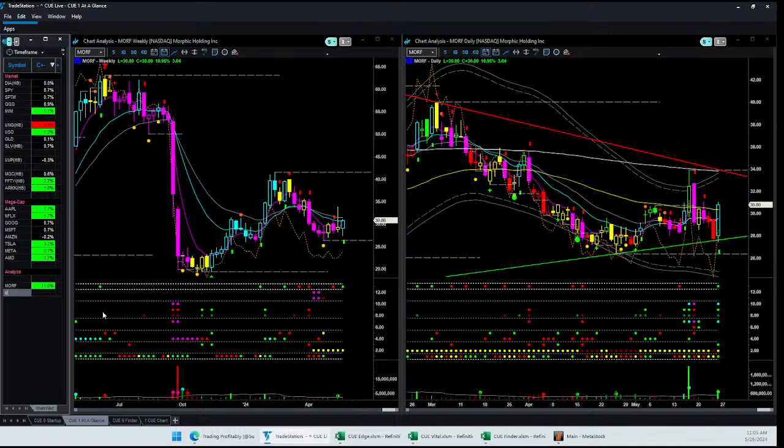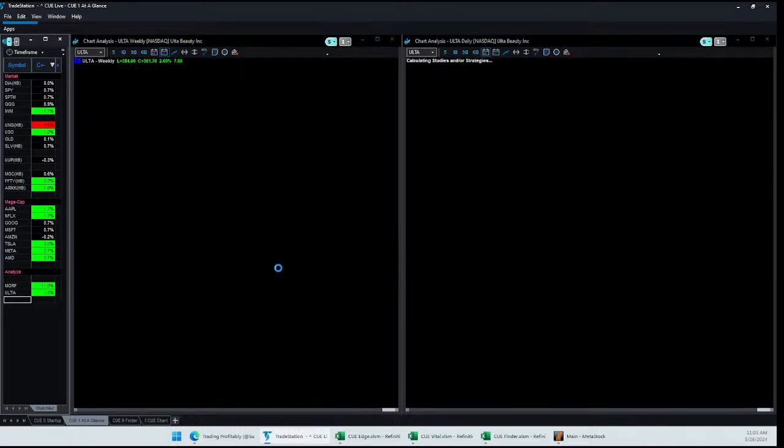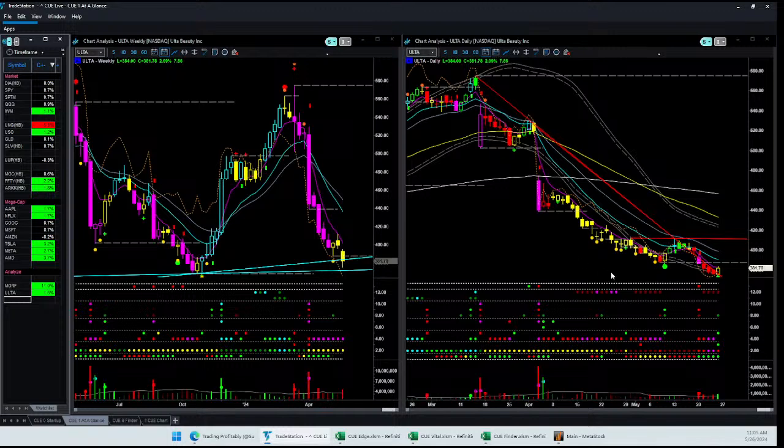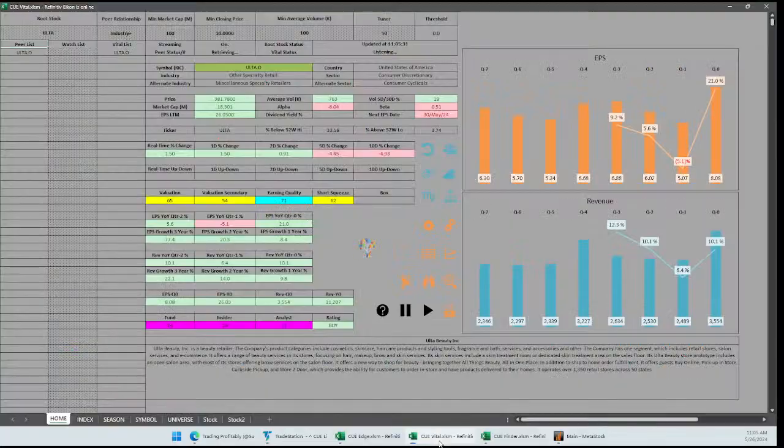And now we are looking at ULTA, that is also giving me a low risk buy pattern with weekly support. It's not a biotech. Let's look at its fundamentals. Here I have more reason to buy. I'll come back to the fundamental scorecard. Let's look at its industry score also.